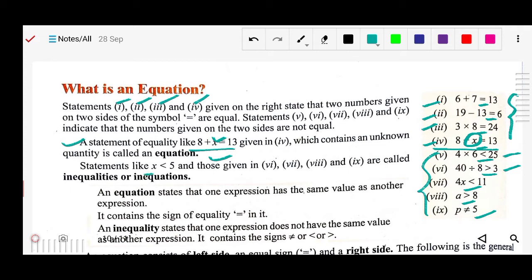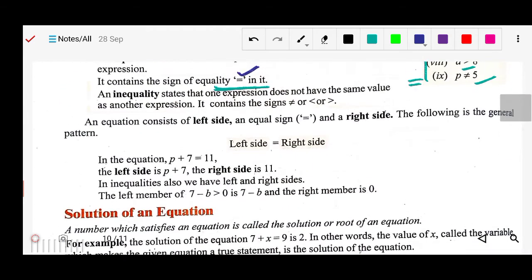Statements like x less than 5, and the examples 6, 7, 8 and 10, are called inequalities or inequations; these are not equations. An equation states that one expression has the same value as another expression, and it contains the equality sign.